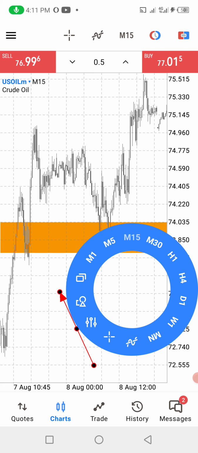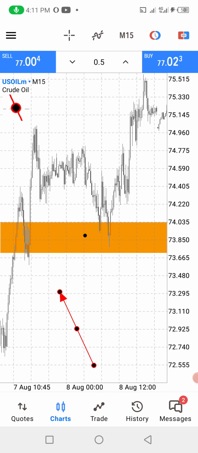Now you need confirmation to enter the trade, right? So we have this was a support. The price came and broke it to become a resistance, and then when price broke it, price came up on it again. You see, so it becomes a support.